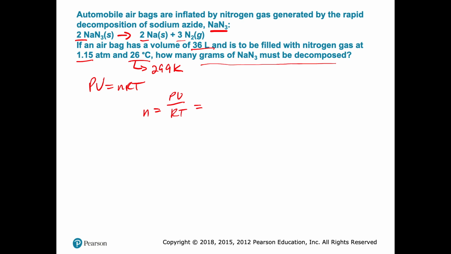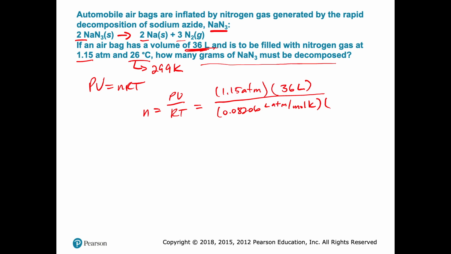And so now the equation should be 1.15 atm times 36 liters from right here, all that divided by the ideal gas constant 0.08206 liters atm per mole Kelvin, all that multiplied by the temperature, 299 Kelvin, that we converted right there. You do that math, and you should get 1.7 moles of nitrogen gas.